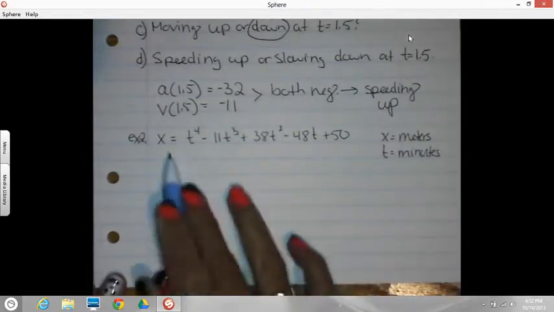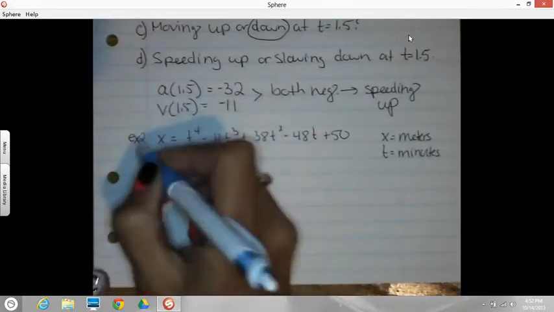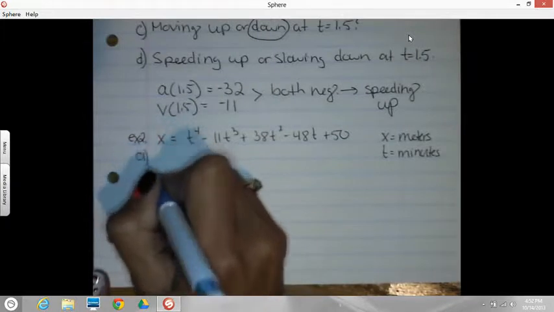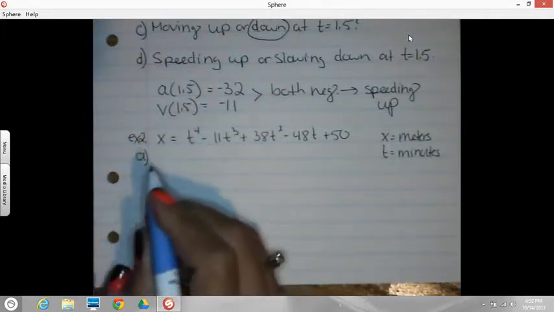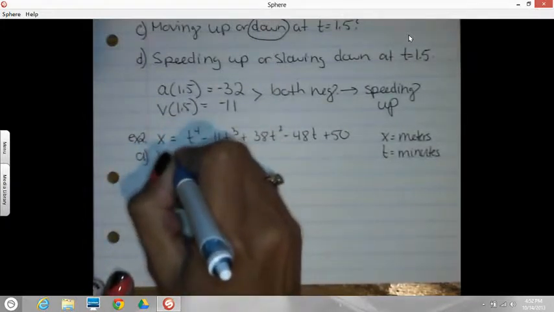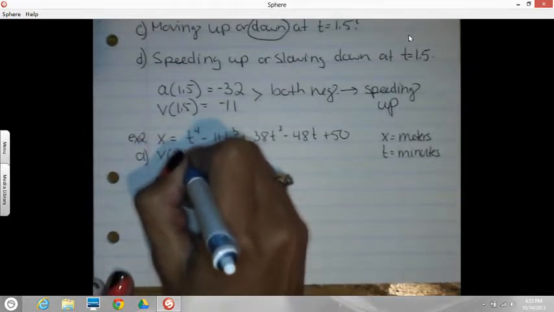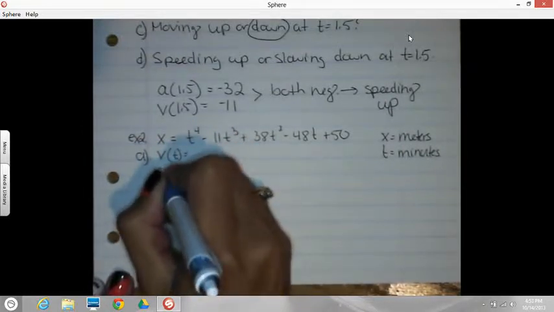So it's a distance-time equation. Starting out the same, find velocity and acceleration equations, and acceleration.